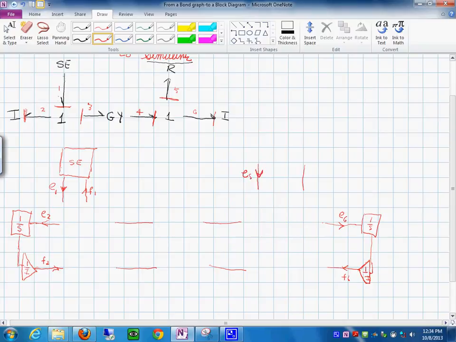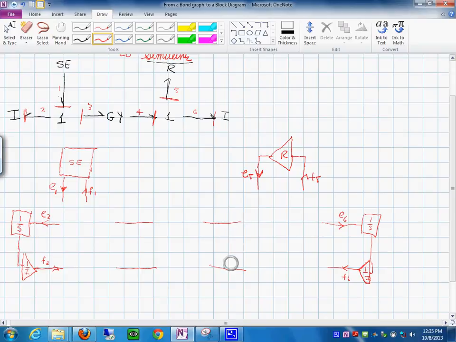So this is E sub 5, and this is F sub 5. So if this is the case, you just multiply by the R element, by the R, and out comes E like this. So that's the constitutive relationship of this one.